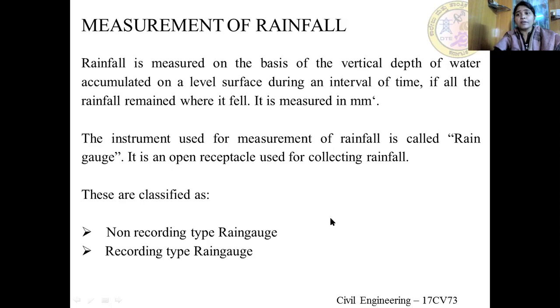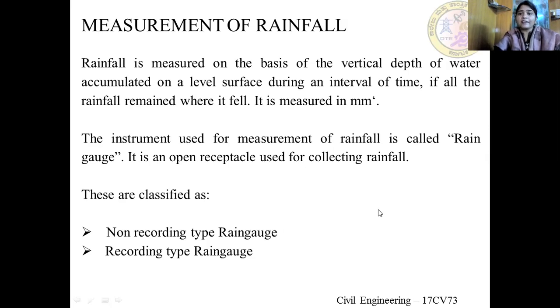So now how do we measure it? We definitely need an instrument, and the instrument which measures the amount of rainfall accumulated on the ground surface is known as a rain gauge. It is an open receptacle which is used for collecting rainfall. Once the rain water gets collected in that open receptacle, which has a certain depth, we can measure it and note it down.